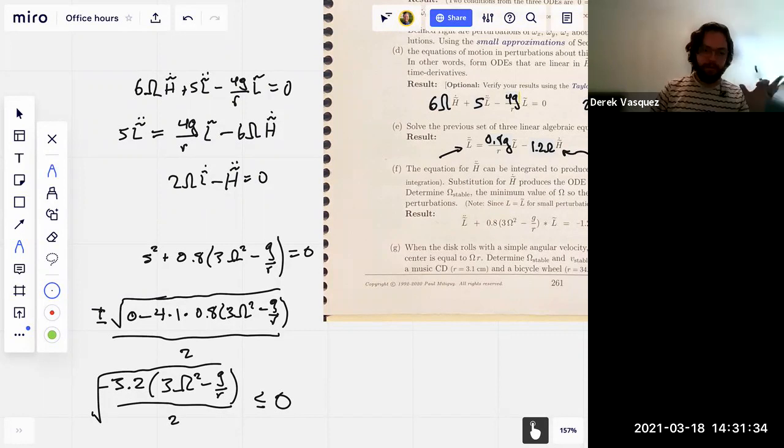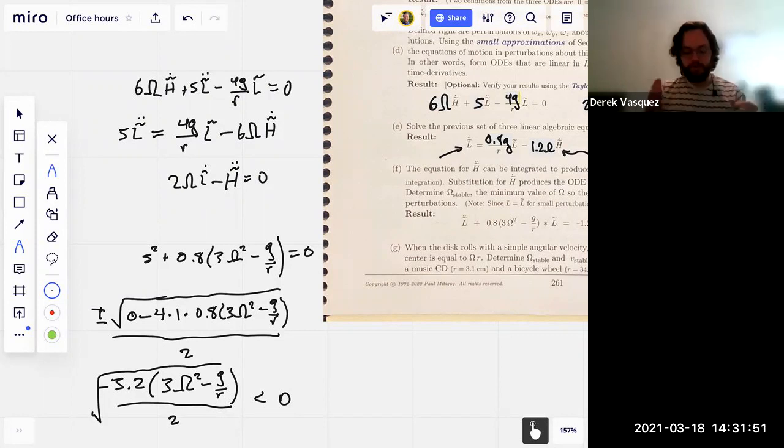So we're going to set this equal to 0, or it has to be less than 0. If it's equal to 0, it's neutrally stable, right? It's just oscillating forever. There's no damping. So it has to be less than 0.